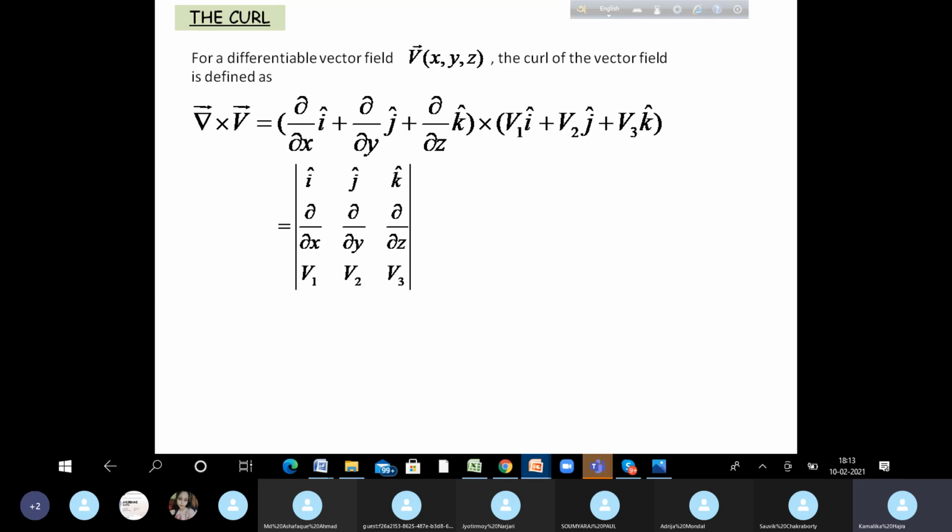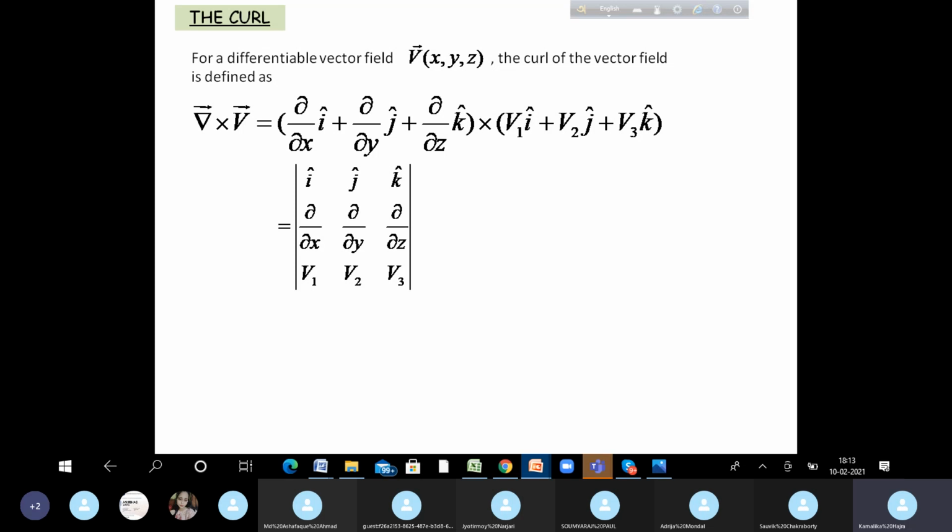So evidently this is a vector. Operating the grad operator on a vector, last day we saw that taking the dot product, we got a scalar, and it meant we are talking about the flux of the vector. Today, taking the cross product of the operator with the vector, we are getting a vector.